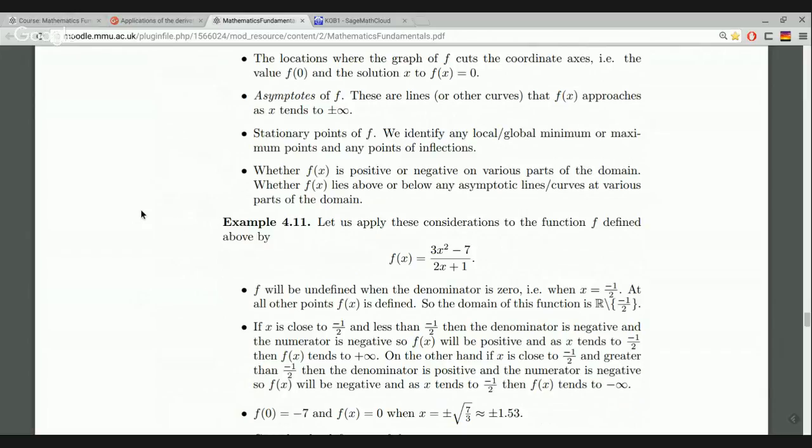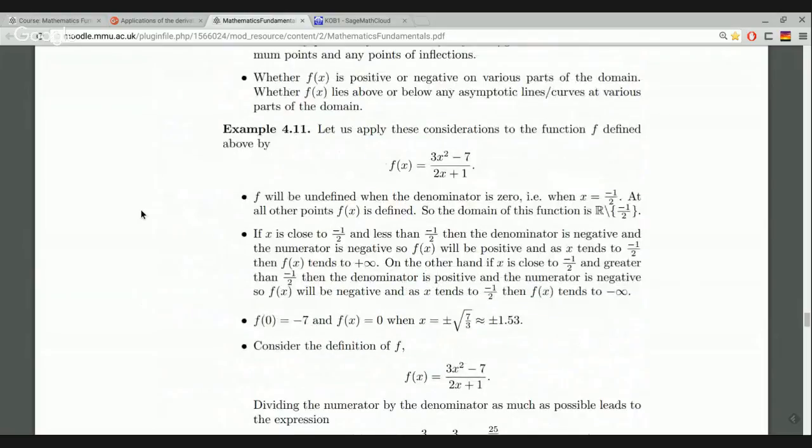So getting at least the right behavior, whether the function is positive or negative on various parts of the domain, and whether it's coming at these asymptotic curves from above or below, and so on. Okay. So we'll take this example function and we'll go through those items one by one.